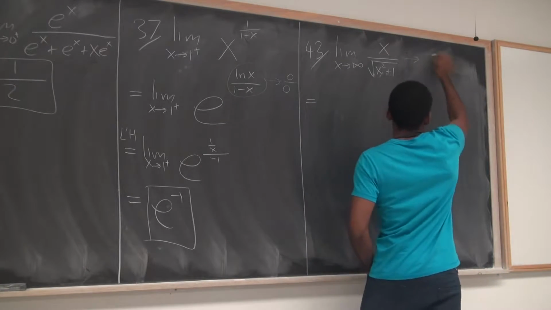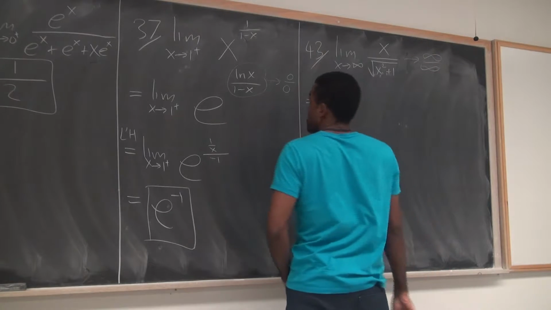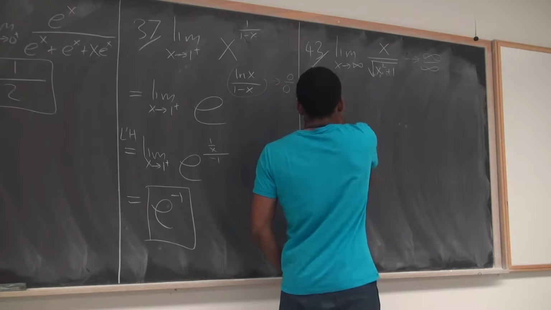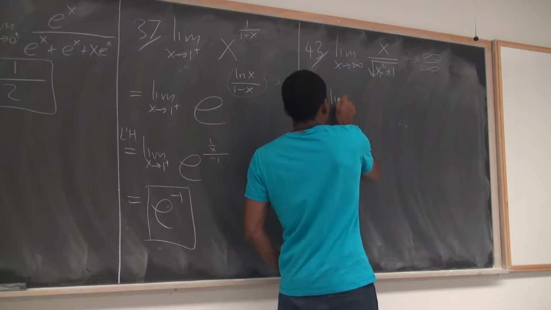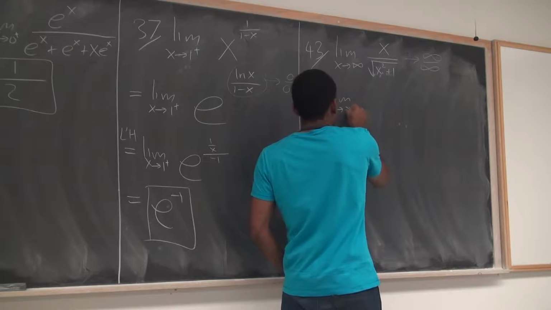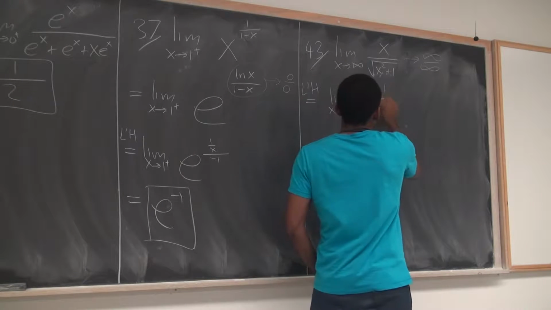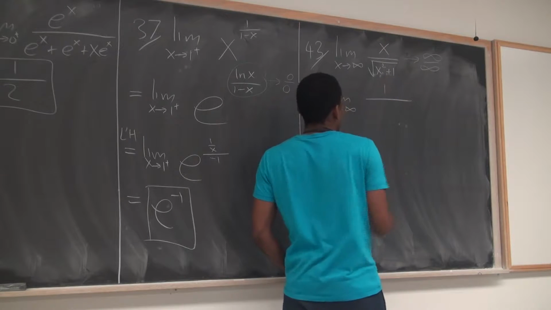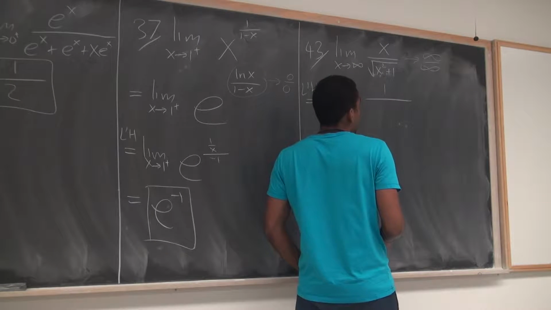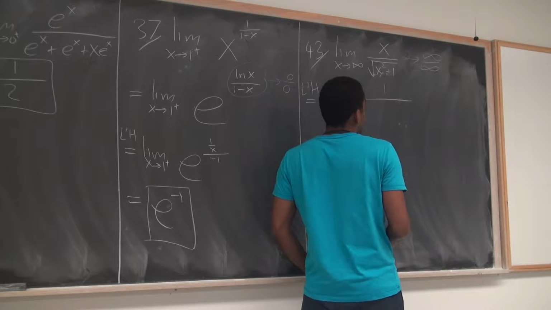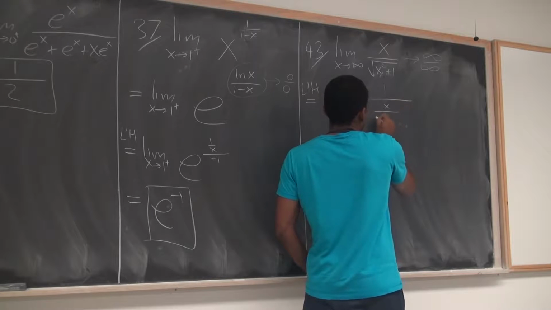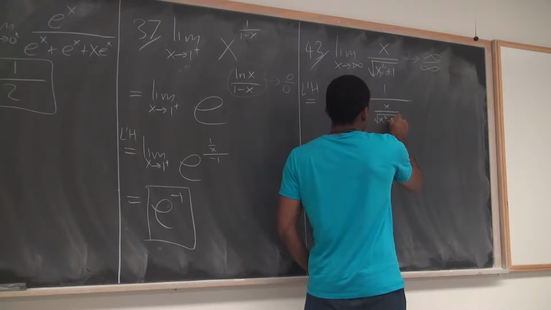L'Hopital's, because it goes to infinity over infinity. Right. So you apply L'Hopital's rule and get the limit as x approaches infinity of 1 divided by the derivative of this, which is x over the radical of x squared plus 1, right?